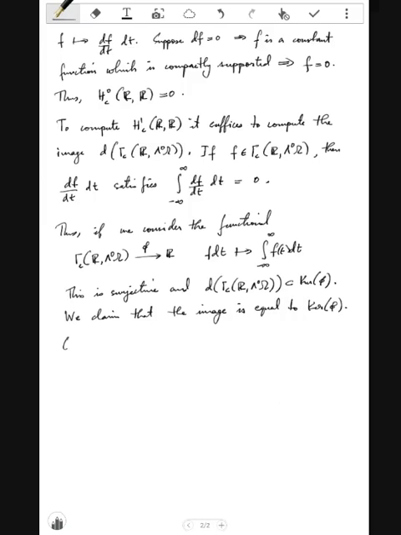So given f in the kernel, define g of t to be equal to the integral from minus infinity to t of f of x dx, let's say.